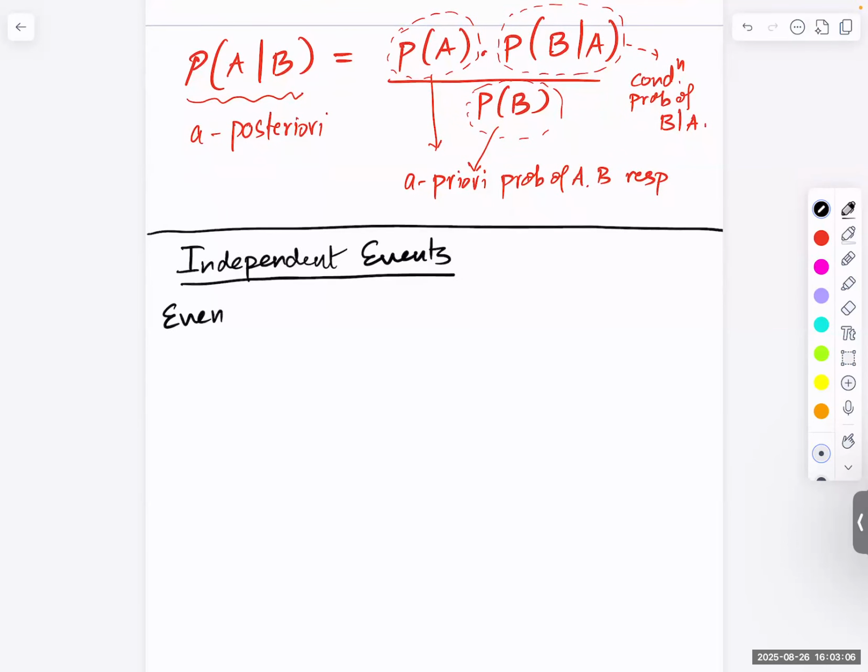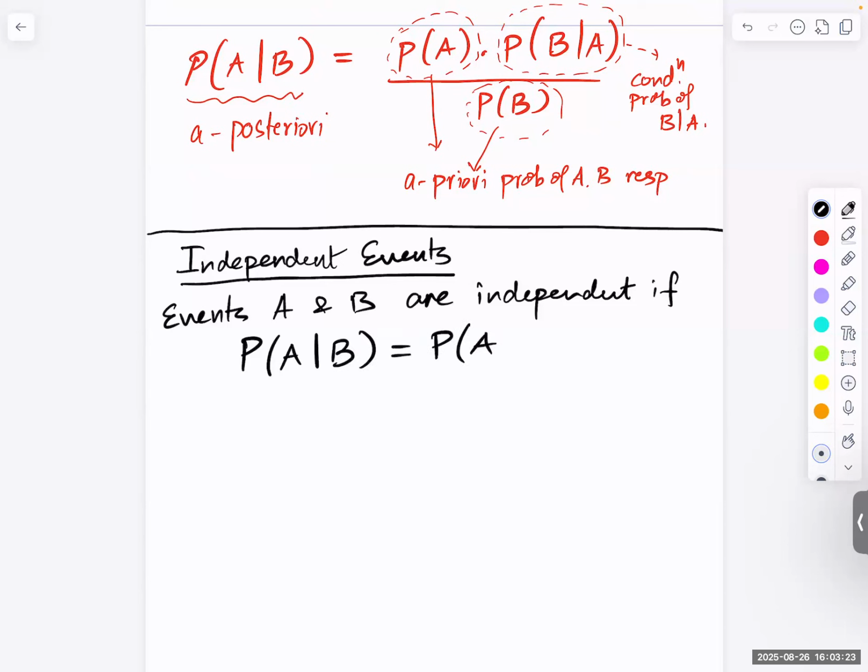So we say that events A and B are independent if any one of these things hold: the probability of A conditioned on B is the same as the probability of A, which is the same as saying the probability of A intersection B is the probability of A times the probability of B. Okay. Why does this make sense?